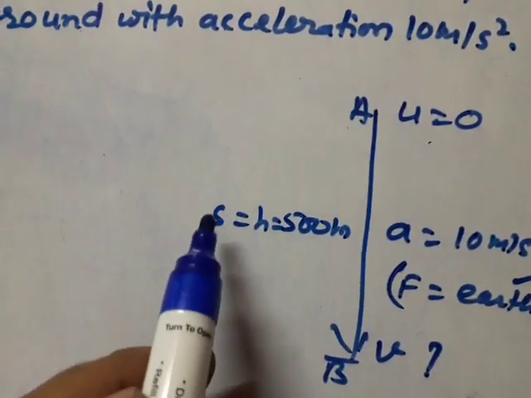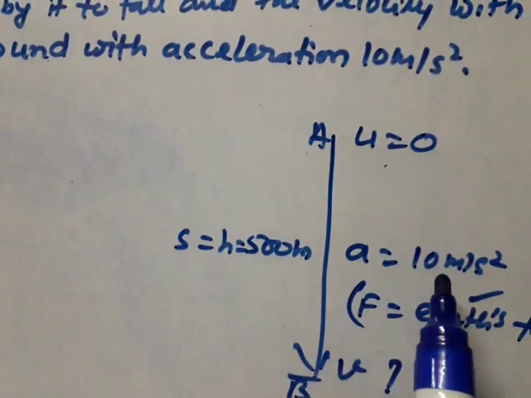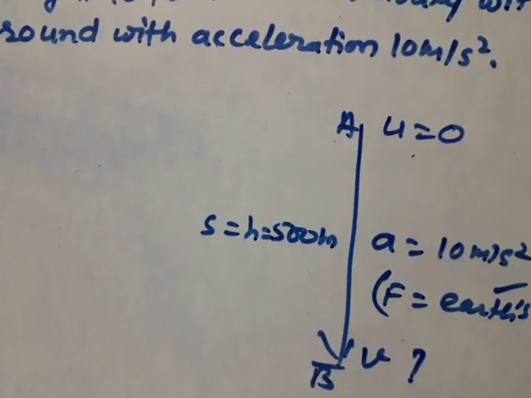Then we have the three values. U is 0, s is equal to 500 meter, acceleration is 10 meter per second square, and we have to find the final velocity.